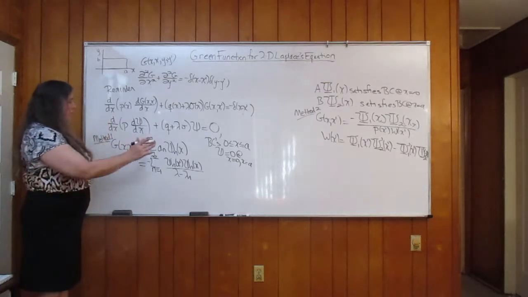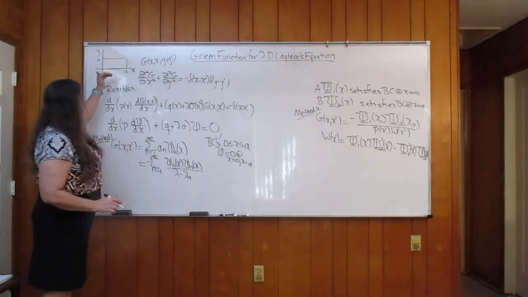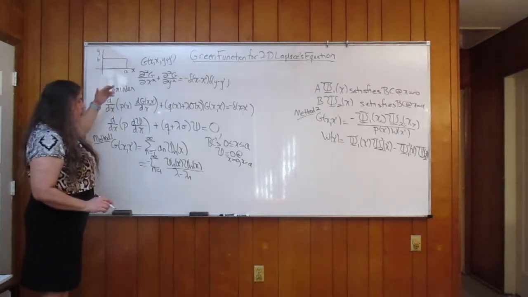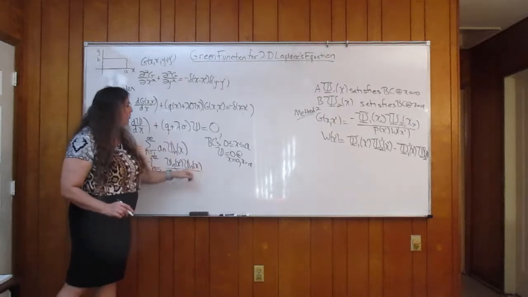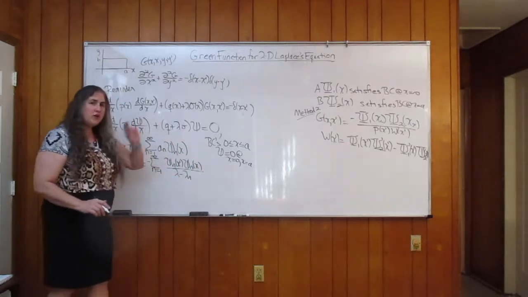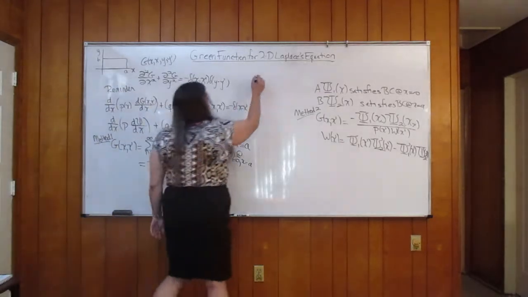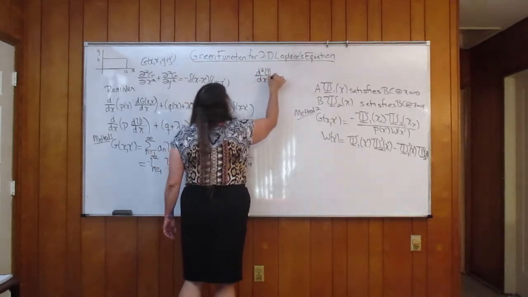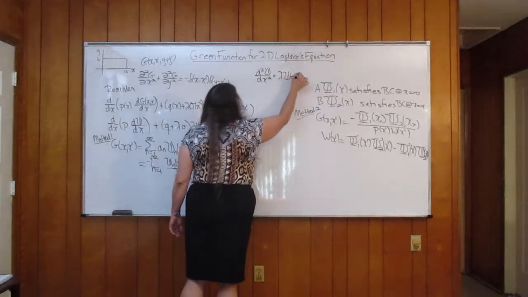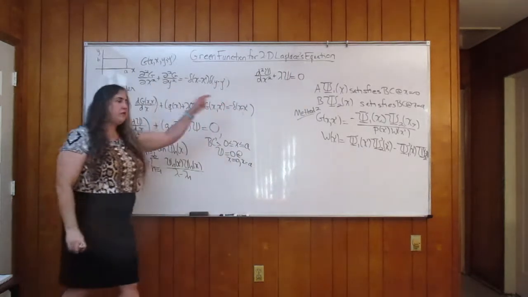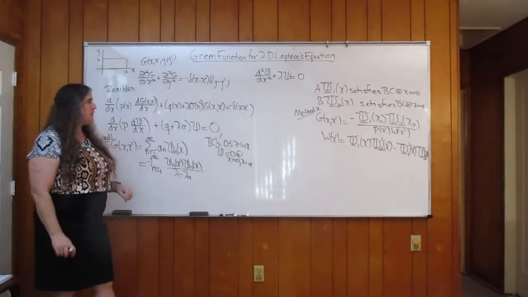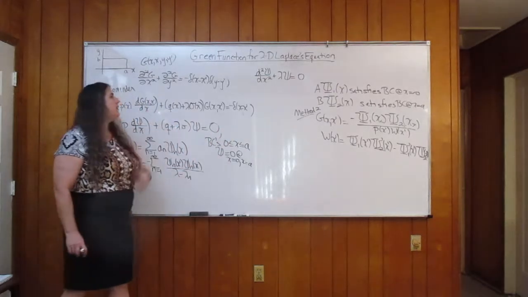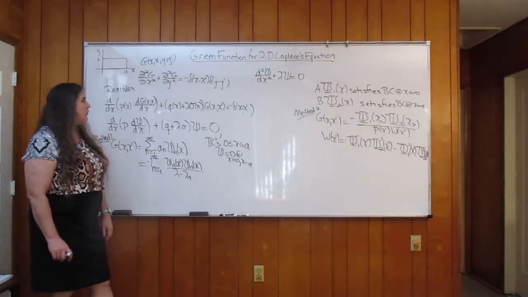Okay, so those are the general expressions, but we want to apply this to a rectangular pipe. So what I want to first do is recall what the solutions were for the one-dimensional problem of the second derivative of psi with respect to x plus some constant out in front, lambda times psi, equal to 0.